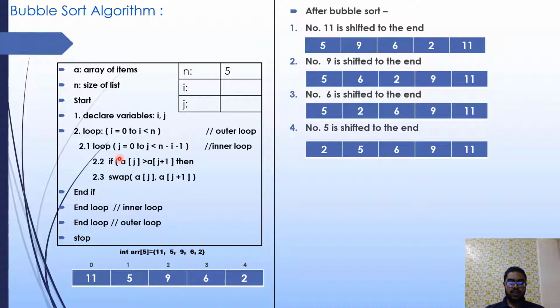The value of index 0 is 11. So 11 is greater than a of j plus 1. So 0 plus 1 is 1. The value of the array at index 1 is 5. So 11 is greater than 5, which is true. So the if condition becomes true.